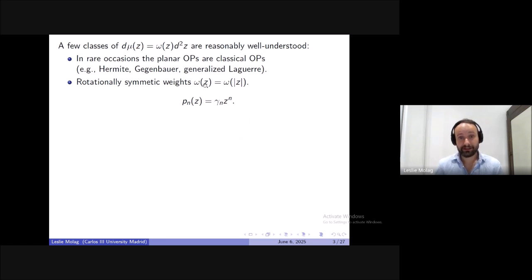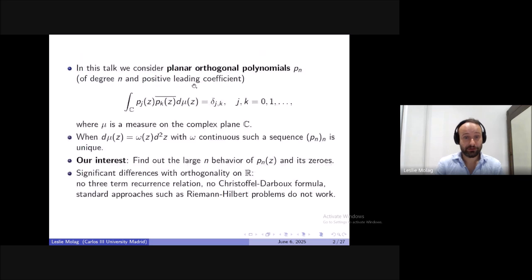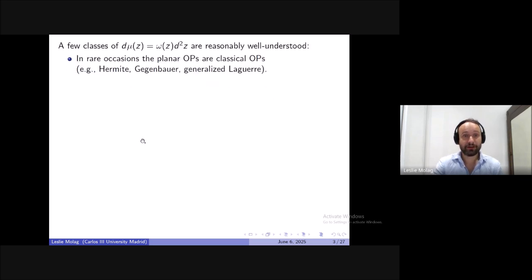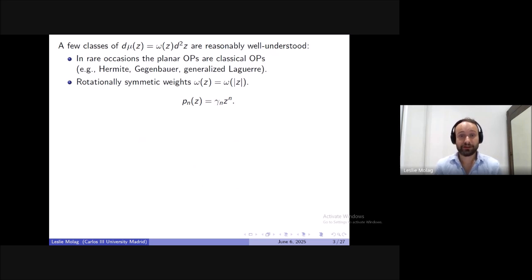In this case, the density I showed you before only depends on the modulus of z. It's fairly easy to see that the planar orthogonal polynomials are just monomials, z to the n times some leading coefficient. You can easily see that by going to polar coordinates in the integral that defines the orthogonality.